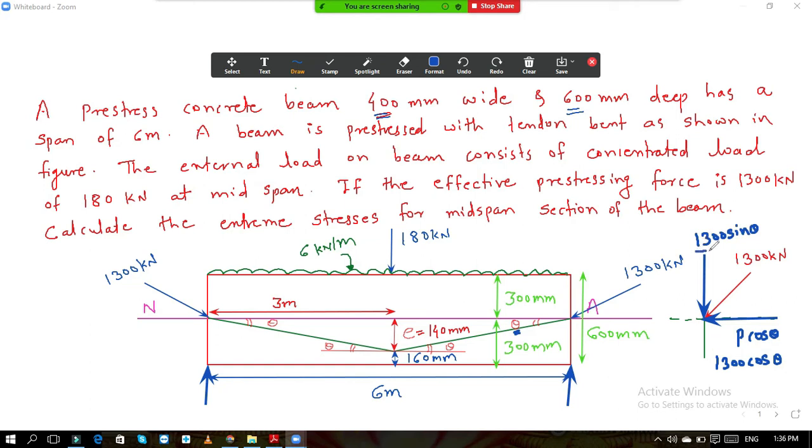The vertical force we will not consider because it has already been taken care of. Here 2P sin theta is the reaction that will take care of these vertical forces, so there is no need to consider this.